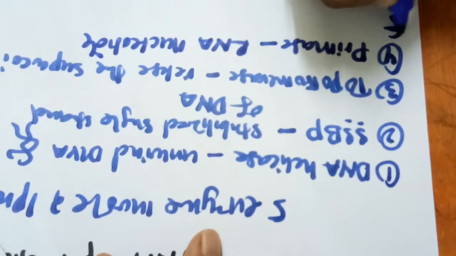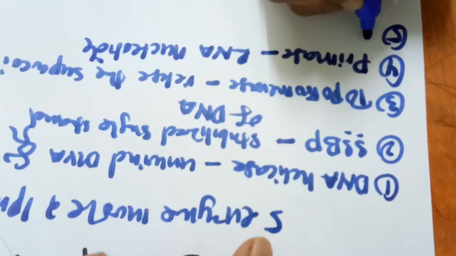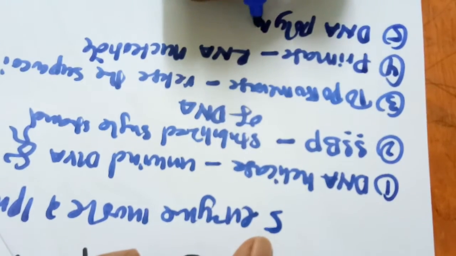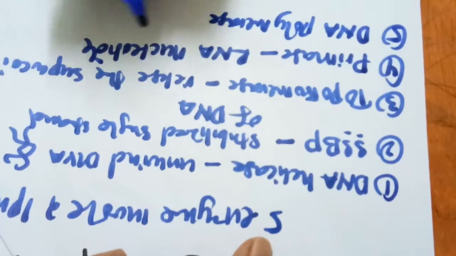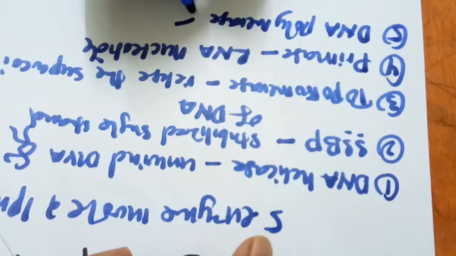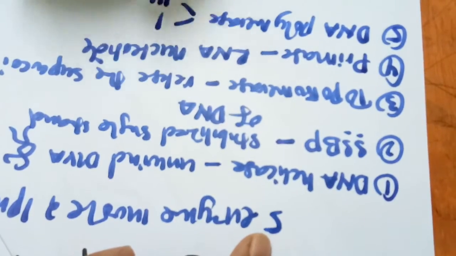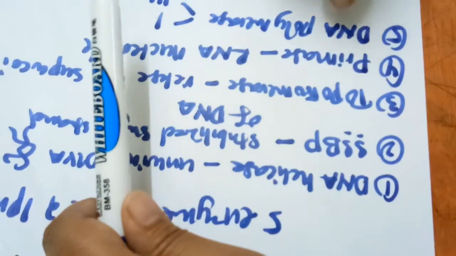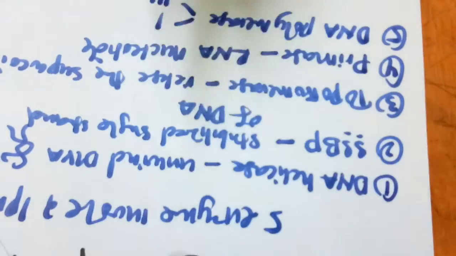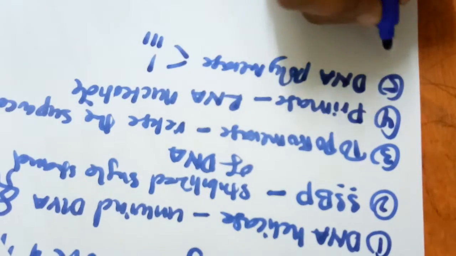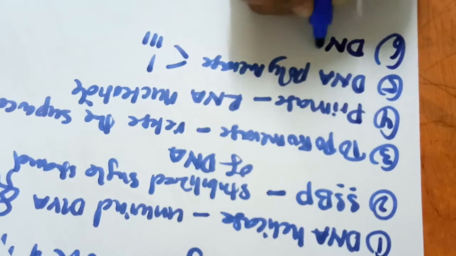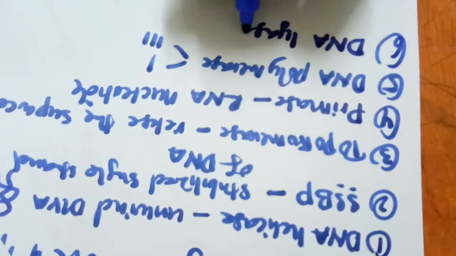And number 5 refers to DNA polymerase. But actually kita ada 2 types of DNA polymerase, 1 and 3. But in our syllabus we just focus on the DNA polymerase. And number 6 is DNA ligase.